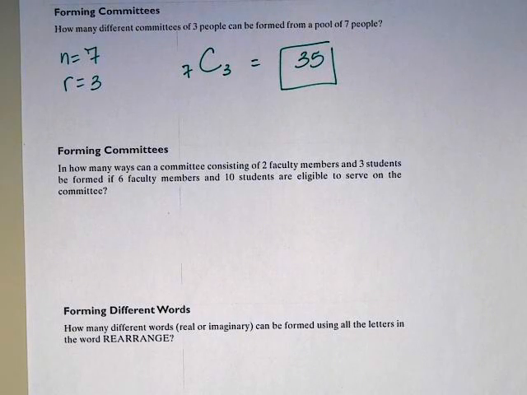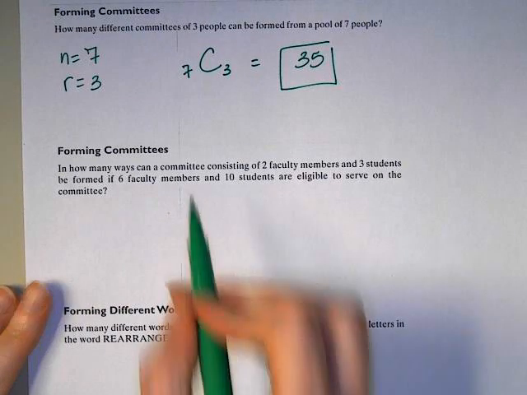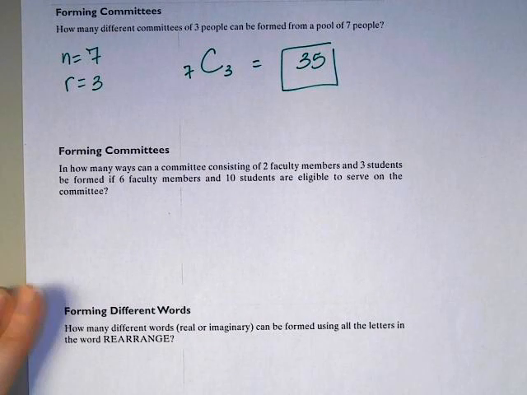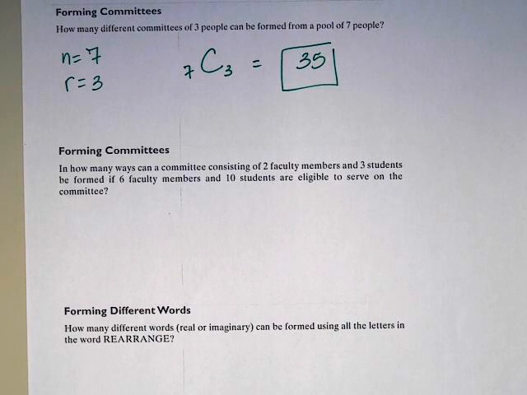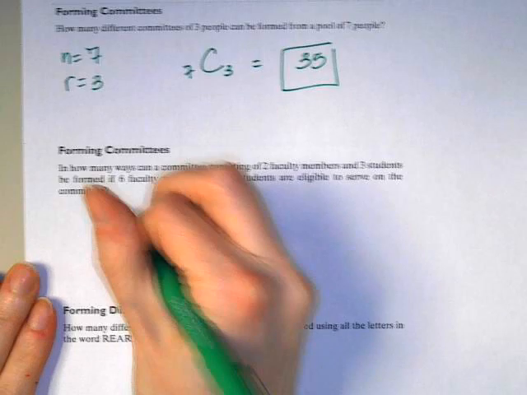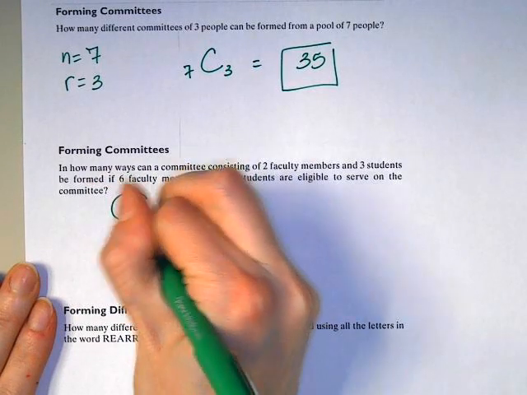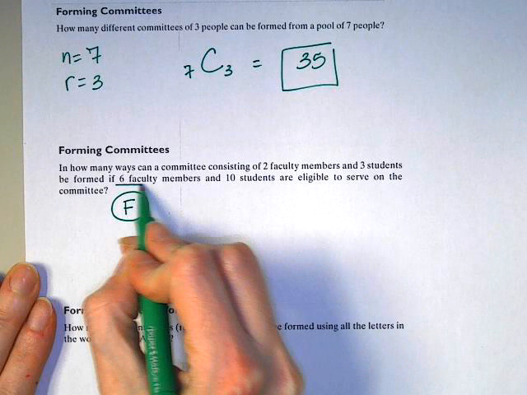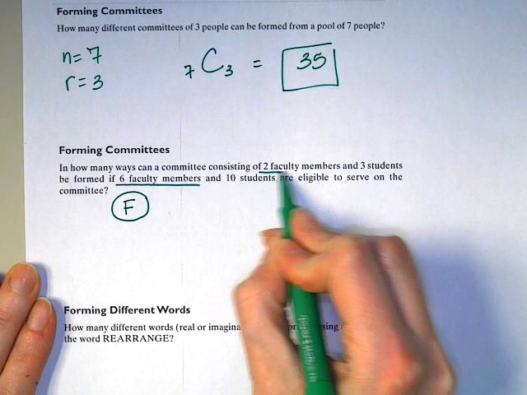Okay, this one says, how many ways can a committee consisting of 2 faculty members and 3 students be formed if there's 6 faculty members and 10 students eligible? Okay, so we've got 2 situations here. Again, it's just a committee with no titles, so it's definitely going to be a combination. The first combination let's do for faculty. So for faculty, out of 6 members, we're choosing 2.